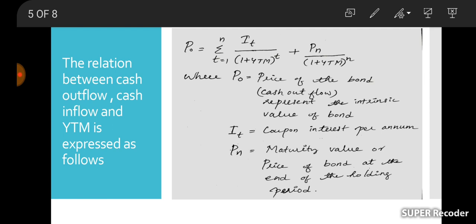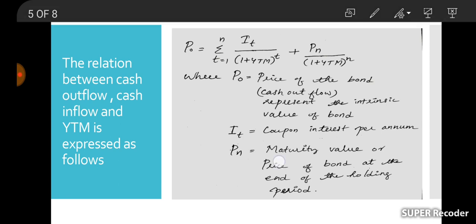If the calculated market price and the given market price are the same, the assumed YTM is correct. Otherwise, if the calculated market price is not equal to the given price, we will try another YTM. And finally, we can find the correct YTM. This method of calculating YTM is popularly known as the trial and error method.